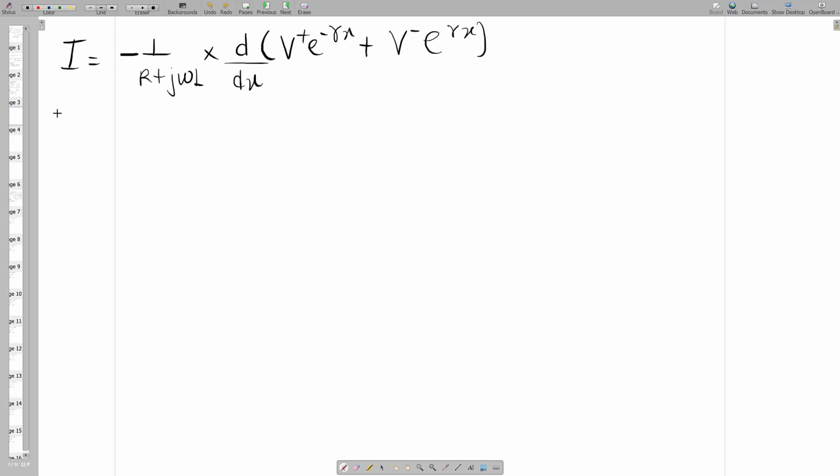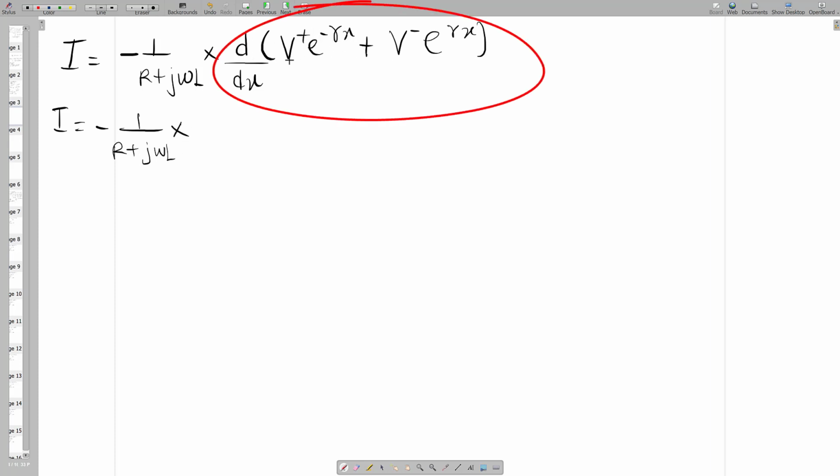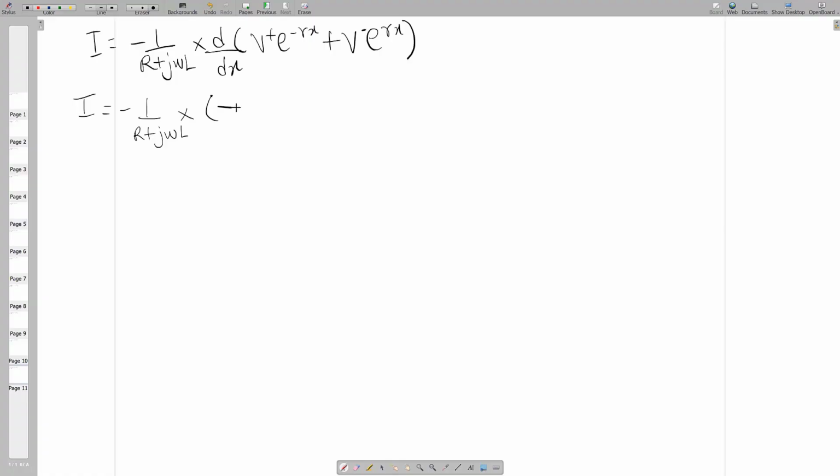So if we continue, we will see that I will be equal to minus 1 over R plus j omega L times, if we differentiate this, we are going to have minus gamma V plus e raised to the power minus gamma x plus positive gamma V minus e positive gamma x, right?